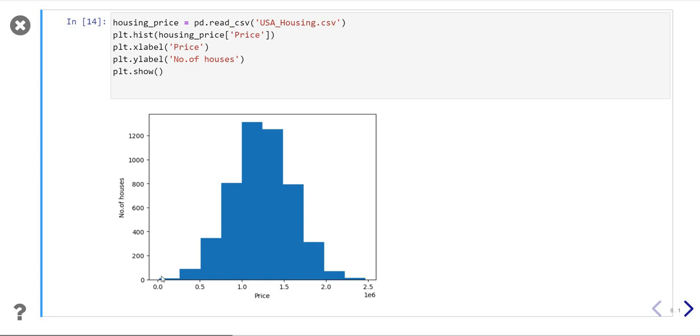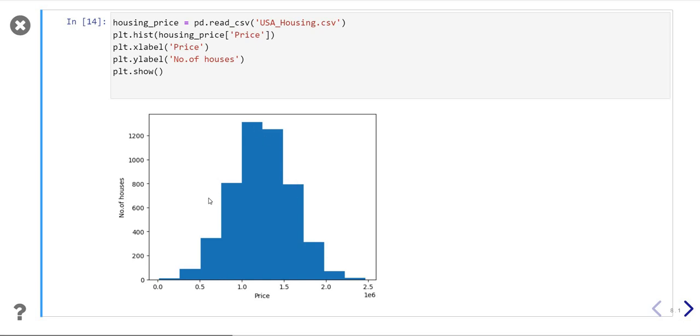Then you can see that the curve drops down, right? The number of houses that are less than 1 million is lesser, and less than that is lesser still. More than 1 million, of course, a little bit less than 1.5 million, is still there, but it's the second highest. Then when it goes more than 1 million, the number of houses is reducing. Going closer to 2 million, also reducing, and closer to 2.5 million is very, very few.